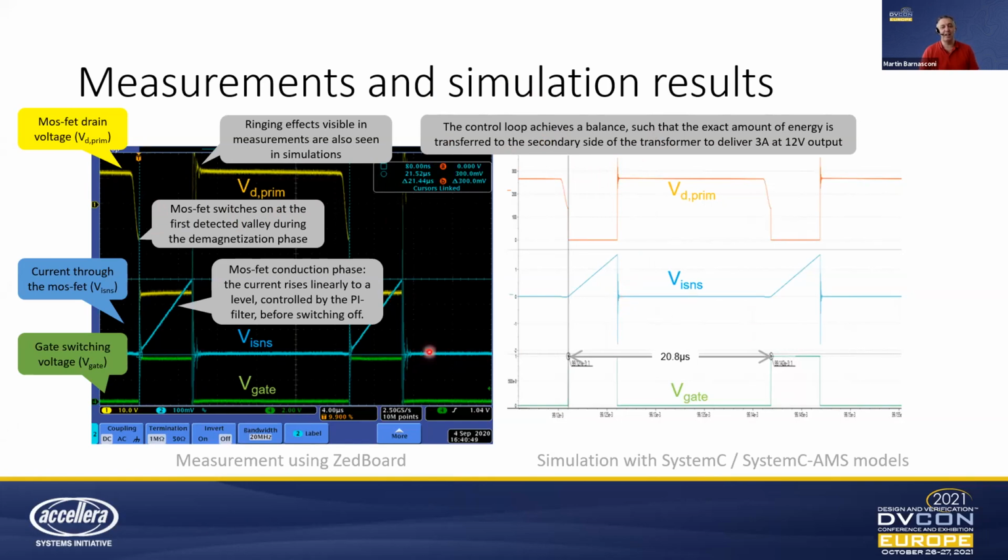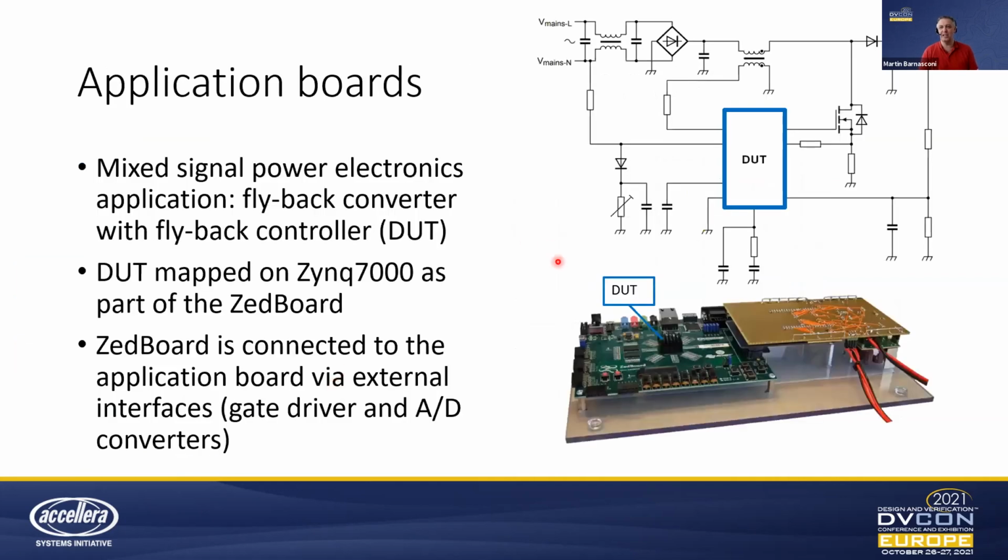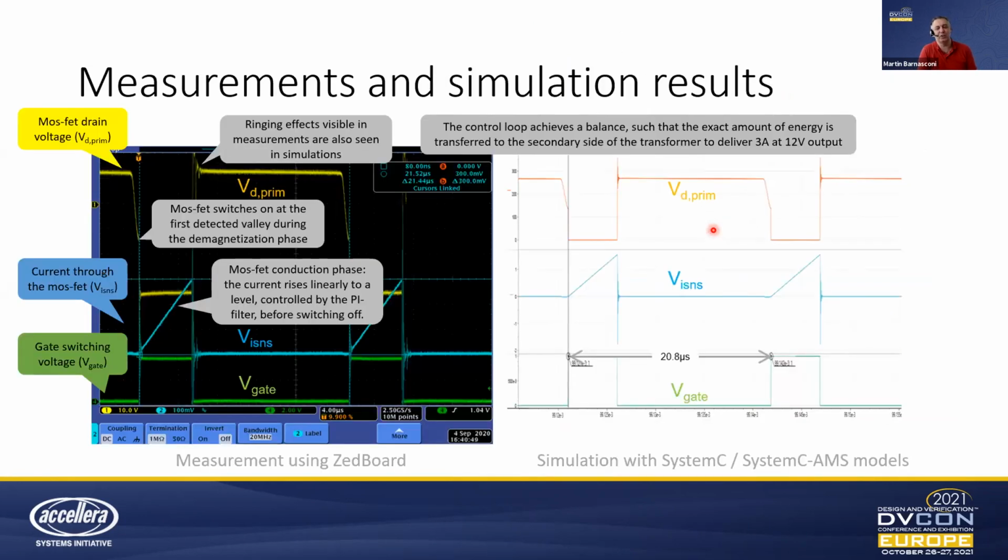And it's good to notice that here in the background, in the measurement environment, we actually run simulations on the ARM A9 processor. One of the challenges, I forgot to say, as part of the hardware in the loop, is that we have signals going into the chip and going out of the chip, meaning that the interaction between the application and the device under test requires that we meet real-time constraints.